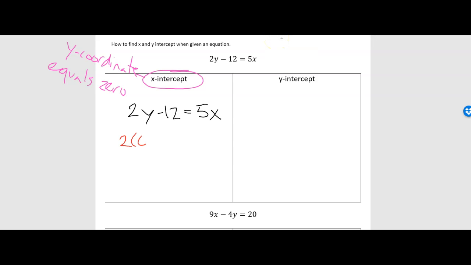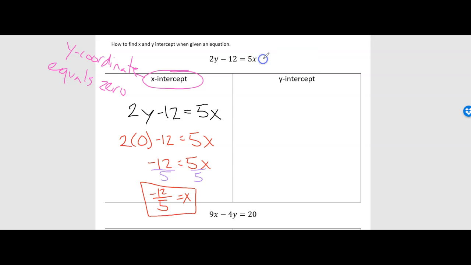I get 2 times 0 minus 12 is equal to 5x, so negative 12 is equal to 5x. If I divide both sides by 5, I get negative 12 fifths equal to x. So my x-intercept is at negative 12 over 5. If we wanted to write out the coordinates of that point, we would have (-12/5, 0).